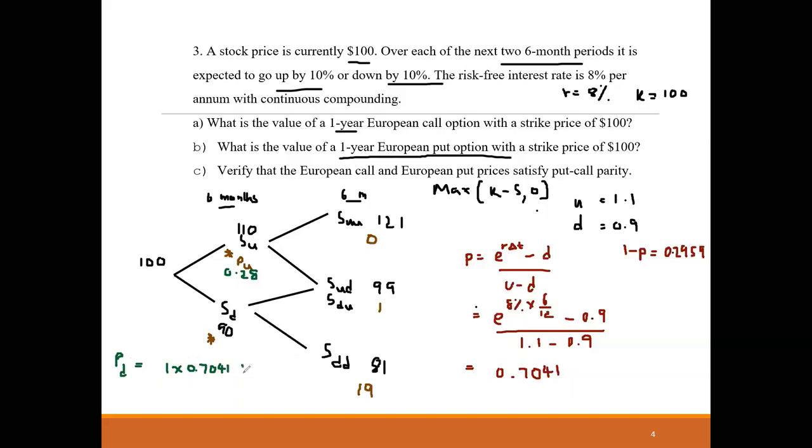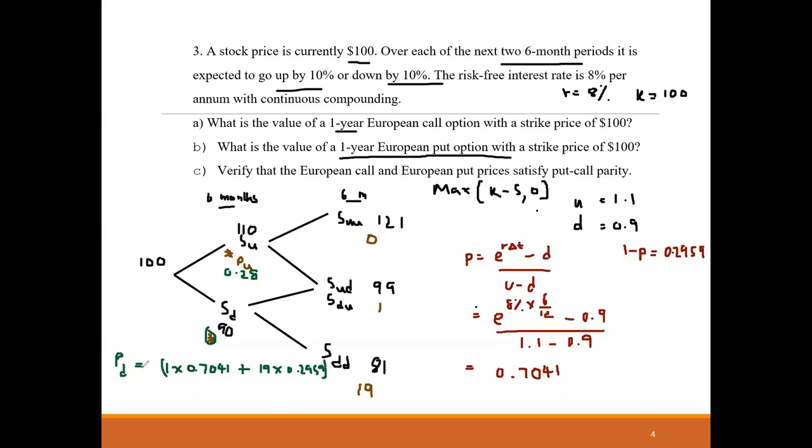And if it goes down from this point, the payoff is 19. Out of 19, what you can expect is only 0.2959. So this will be the expected payoff at this point in time.